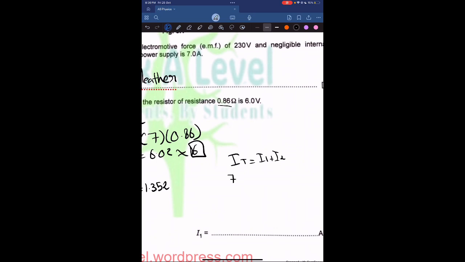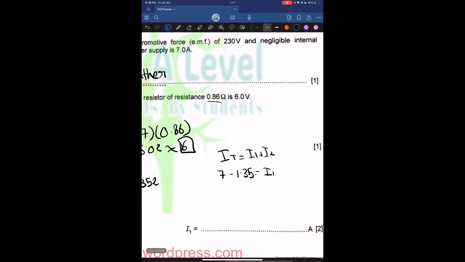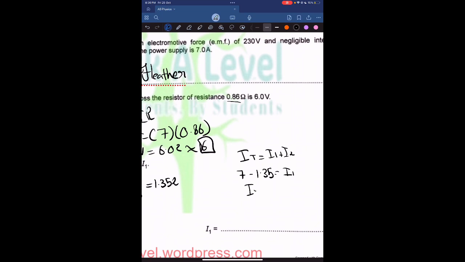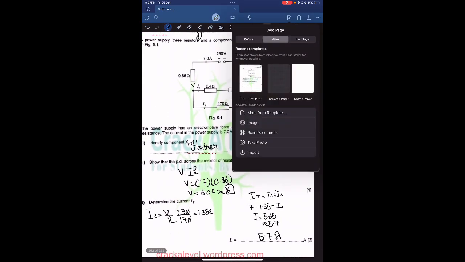So this is 7 minus 1.352, and I will get I1. I'm getting 5.65. I'll round this off to two significant figures, so I'm getting 5.7 amps. Hopefully I made that clear. Let's move on to the next question.